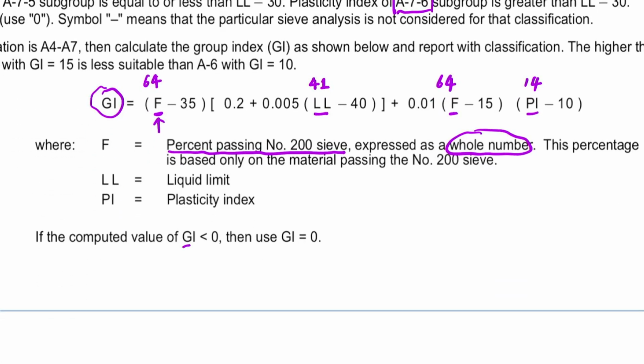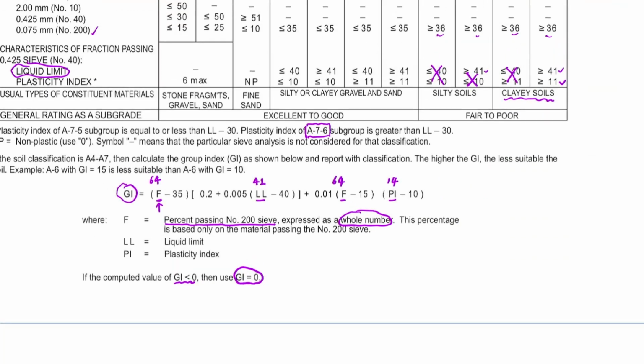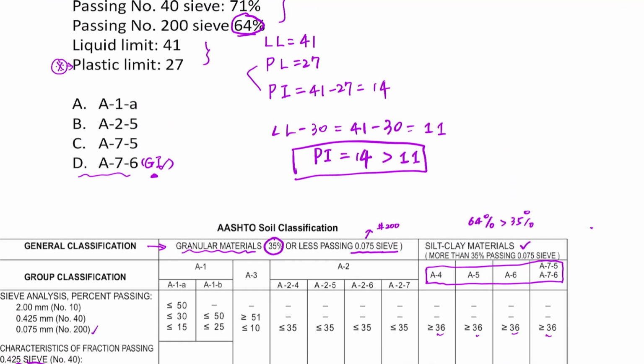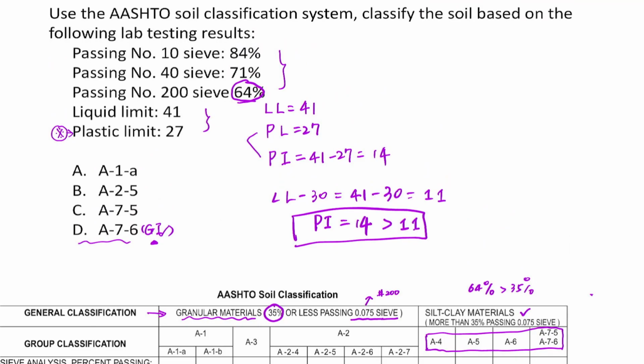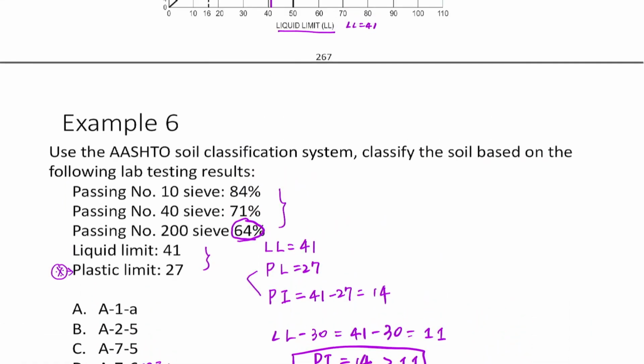Also, if your GI is less than 0, then you go with GI equals 0. That's pretty much it for this one. In general, classification using the AASHTO system is pretty straightforward. Okay, that's it.